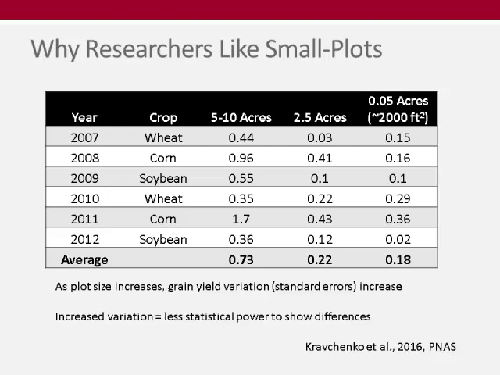So uncontrolled variability is kind of the bane of a field researcher, right? Any questions on this? Is this clear? We shrink plot size, and we shrink all the variability that we see in terms of soil type and edge effects, weed populations, disease, et cetera, et cetera.